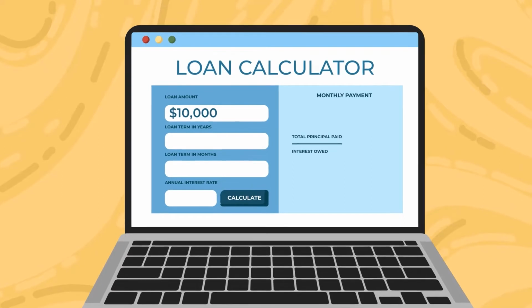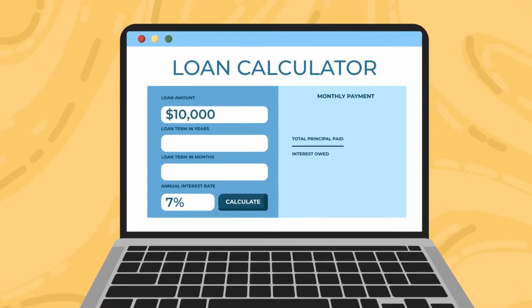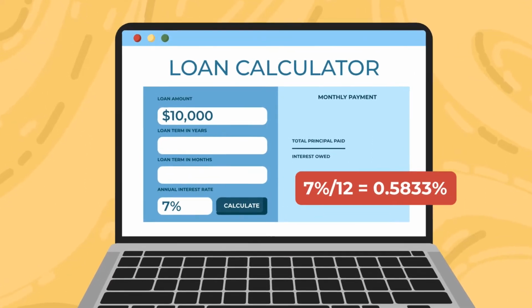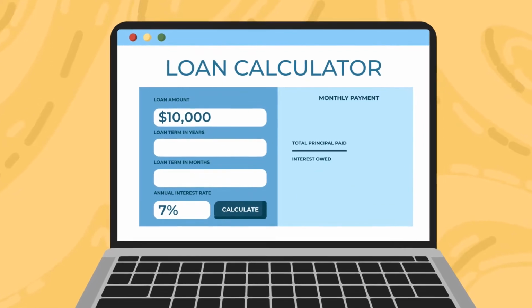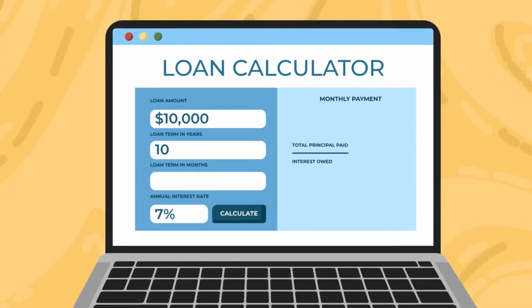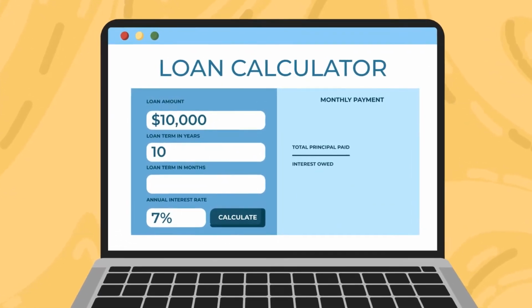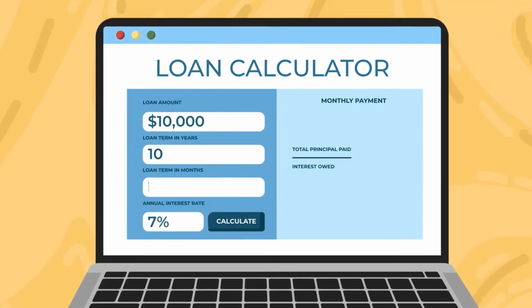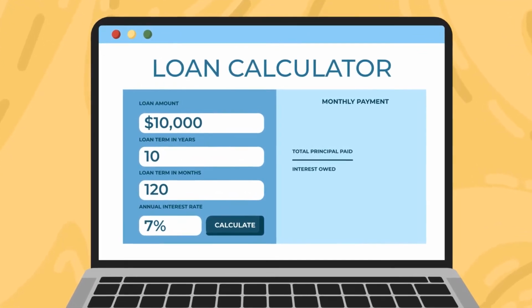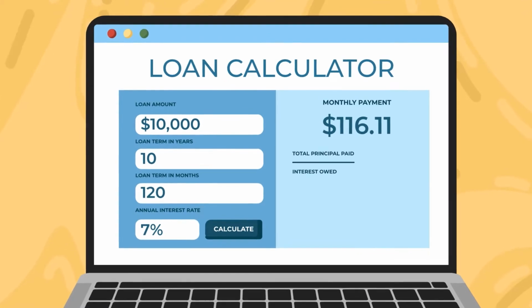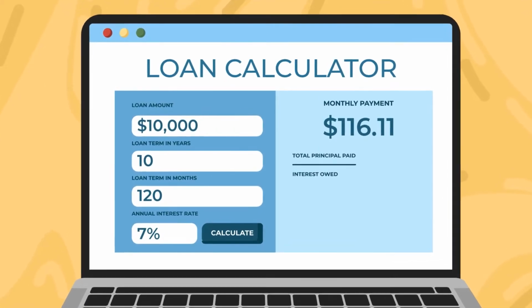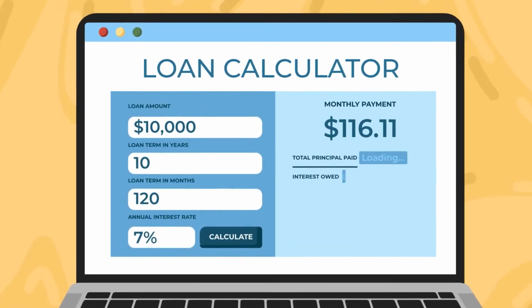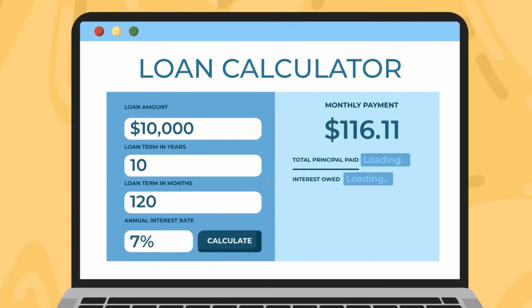If you have a $10,000 loan at 7%, the monthly interest rate would be 0.5833%. Let's assume this is a 10-year loan duration, which is pretty standard for student loans. That means there will be 120 equal monthly payments of $116.11. Every month, you'll be charged interest on the current principal balance.